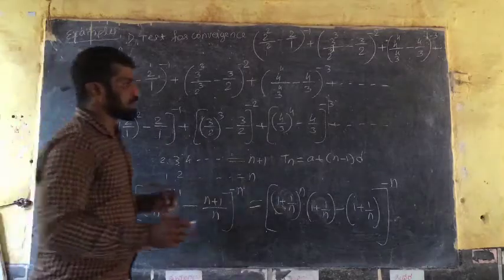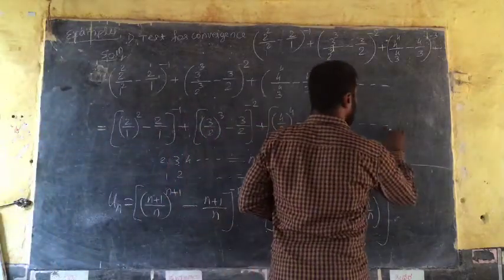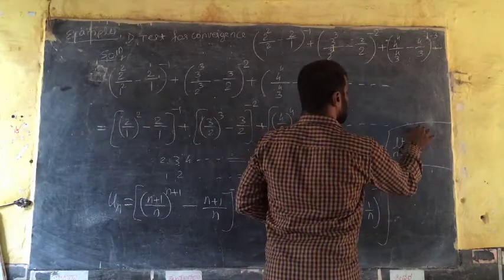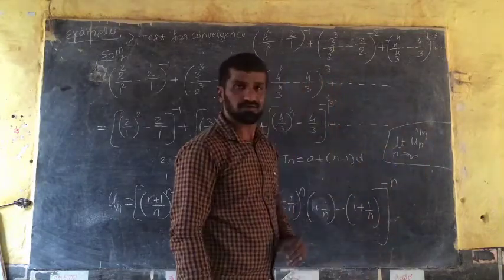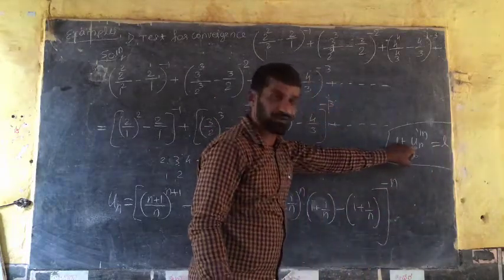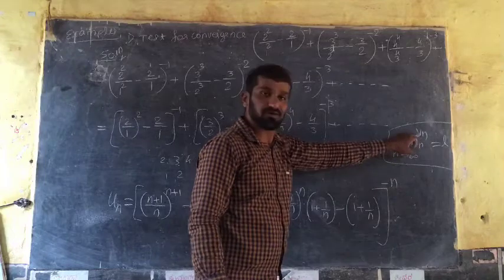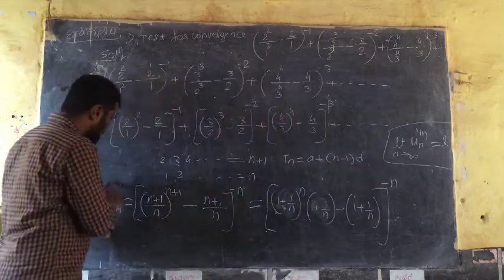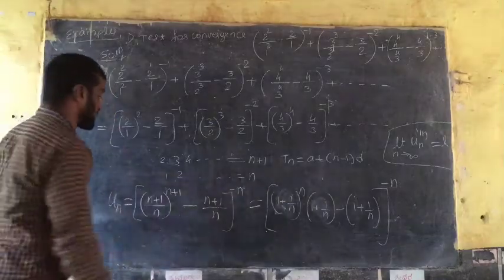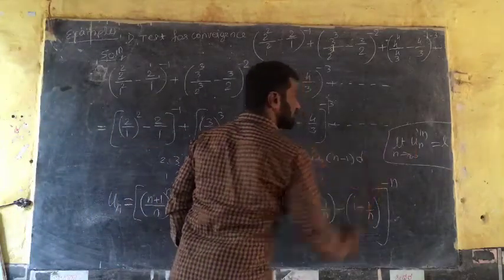What is the statement of the Cauchy root test? The limit as n tends to infinity of un raised to 1 by n. But what I have is only un, and I need the power 1 by n. So I raise both sides to the power 1 by n, and then I get un raised to 1 by n.